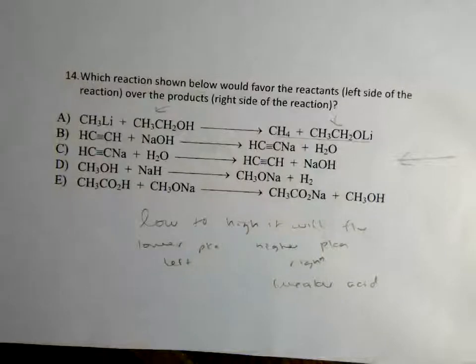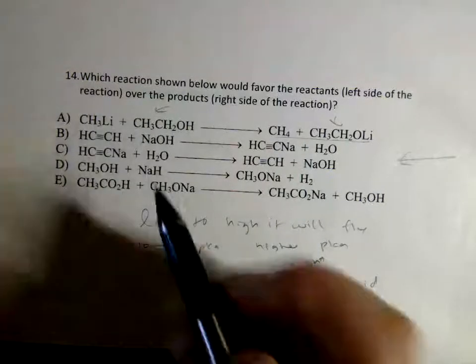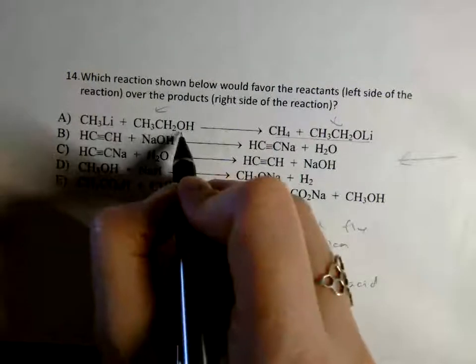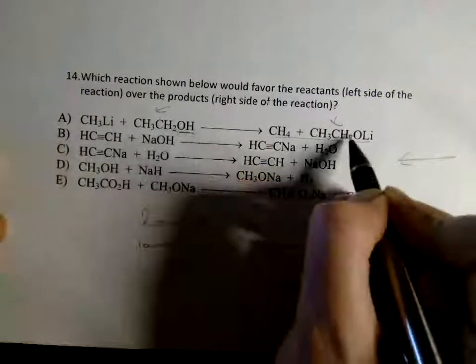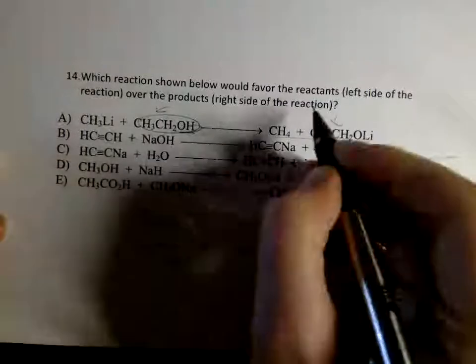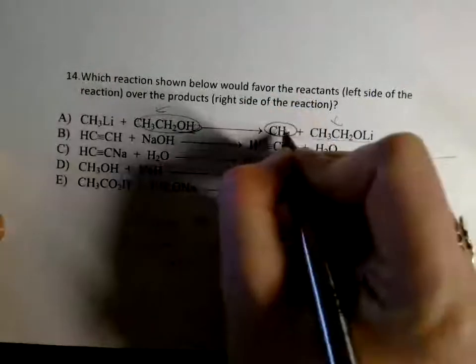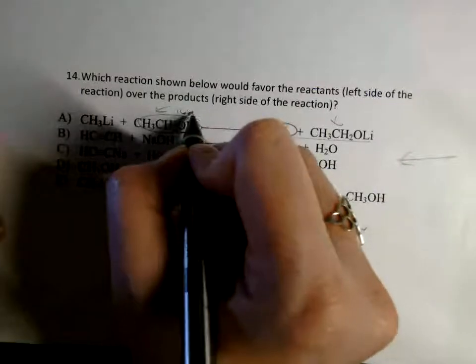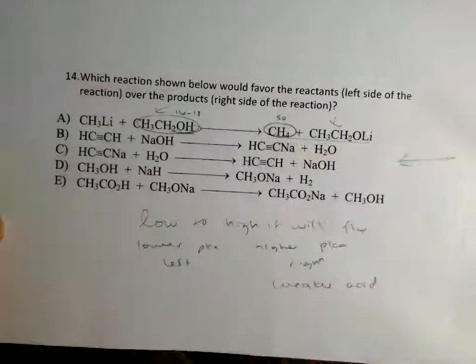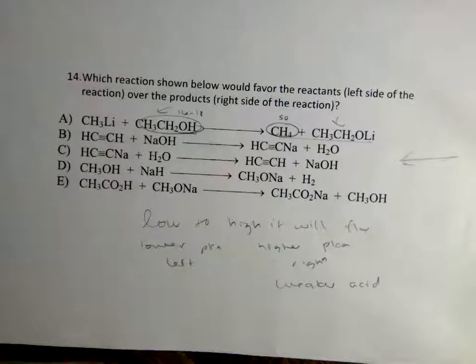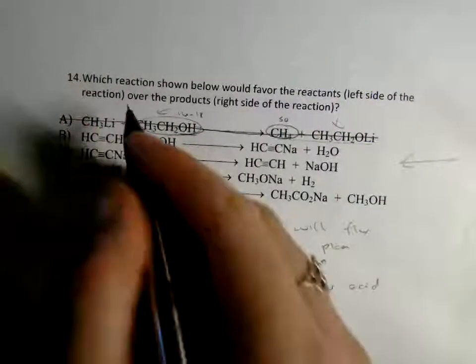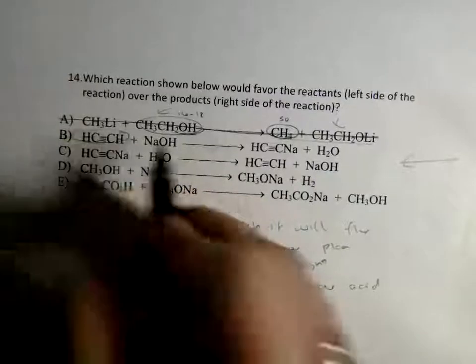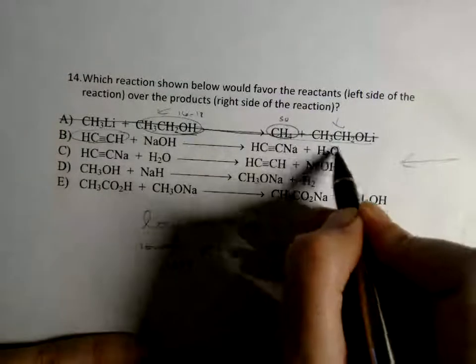Okay, so here I'm going to identify the acid. So this was OH, and here it's O minus. So the acid and the conjugate acid, this is the base, that's the conjugate acid. pKa is 16 to 18. pKa of this functional group is usually around 50. So this is good. It would react this way, so it's not our right answer. This is our acid, this is our base, so this is our conjugate acid.